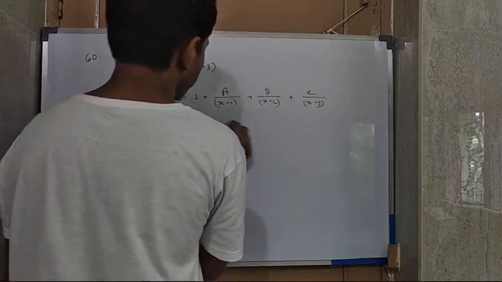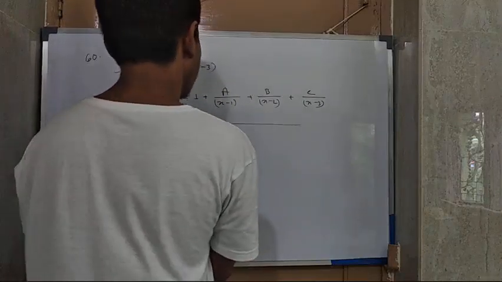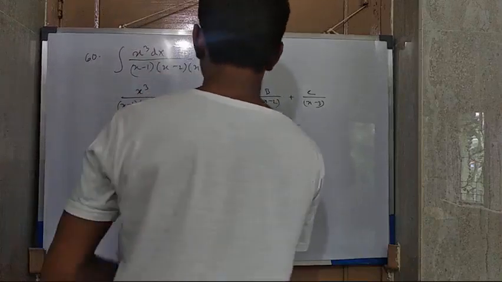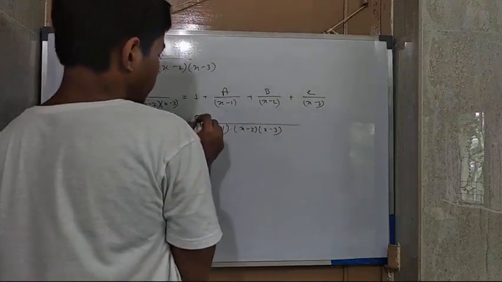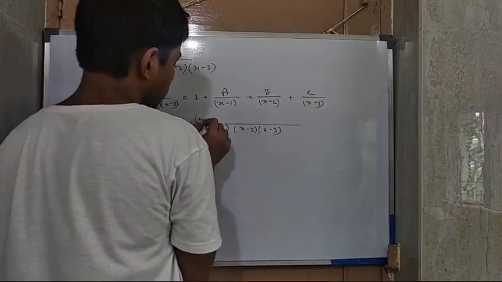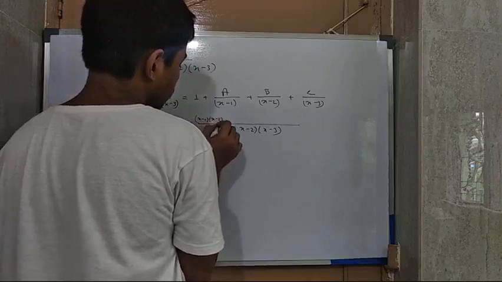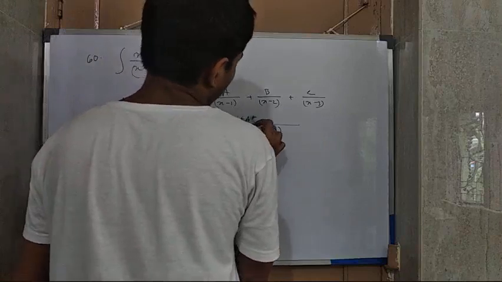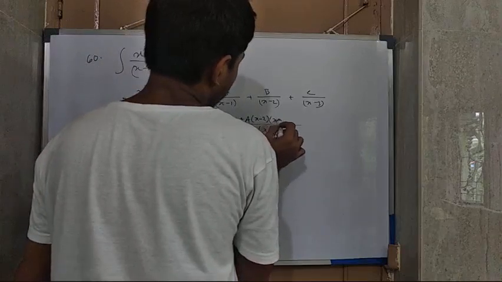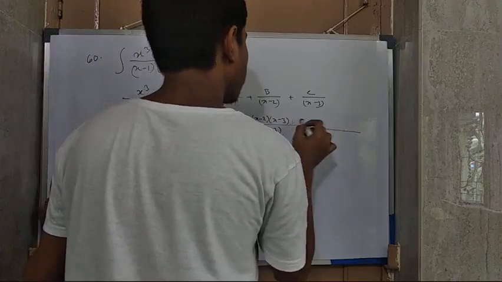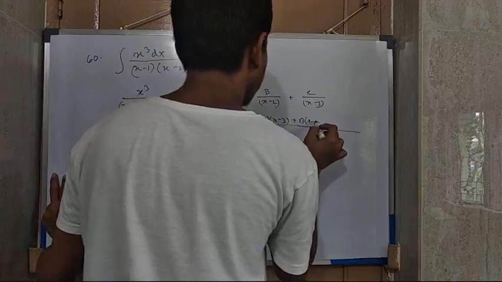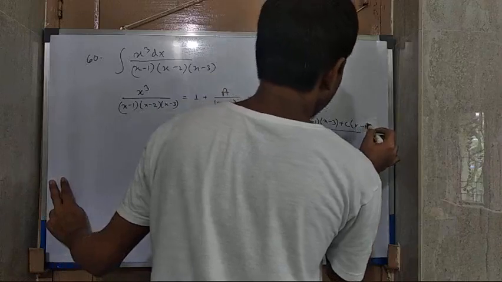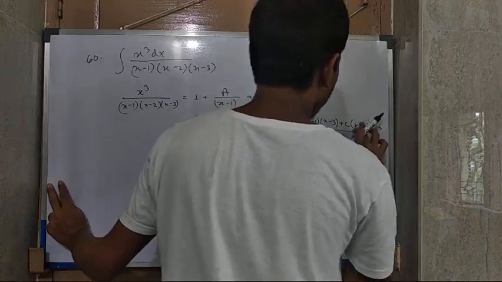So let's simplify. This gives (x minus 1)(x minus 2)(x minus 3) plus a times (x minus 2)(x minus 3) plus b times (x minus 1)(x minus 3) plus c times (x minus 1)(x minus 2).